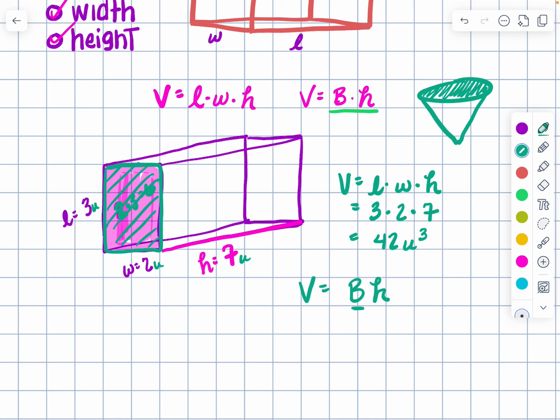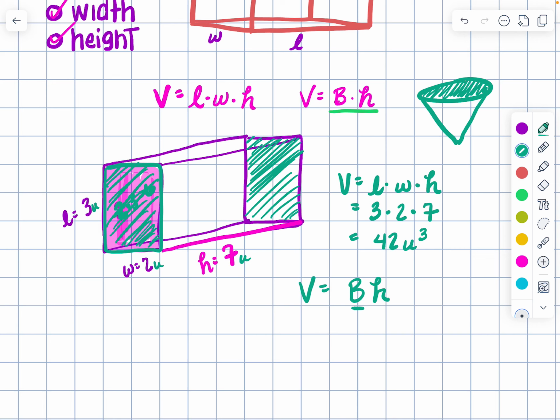Because I'm calling this the base over here, on a rectangular prism you have a matching base here. Why is this important? This really helps you to see where the height is. The height is the distance between the bases.